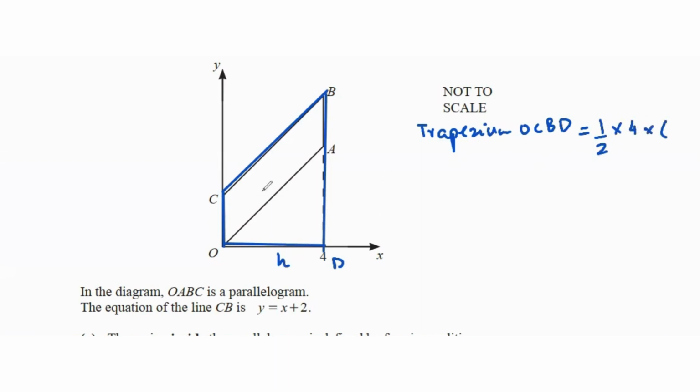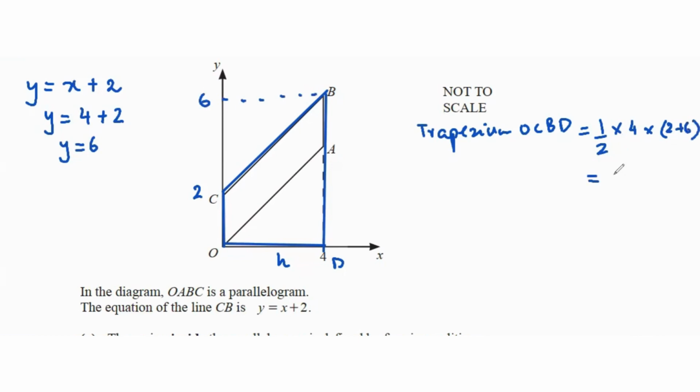And parallel sides are, we know that the y-intercept was 2 over here, so this is 2. That's going to be 2 plus, and this length over here, we don't know what it is, but we can find that out by putting x equals 4 in the equation. So 4 plus 2 is 6. So this point over here is 6. So that means the parallel lengths are 2 and 6. So that's going to be 2 times 8, which is 16. So 16 units square is the area of the trapezium.